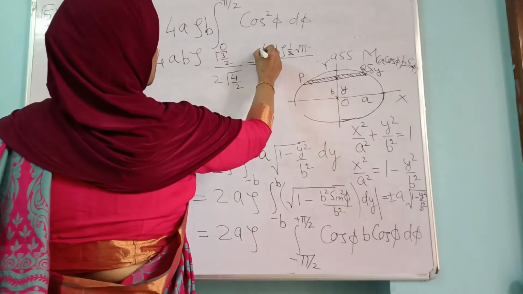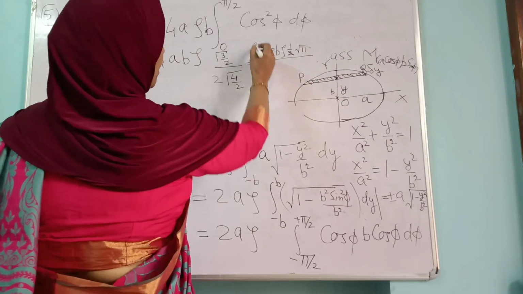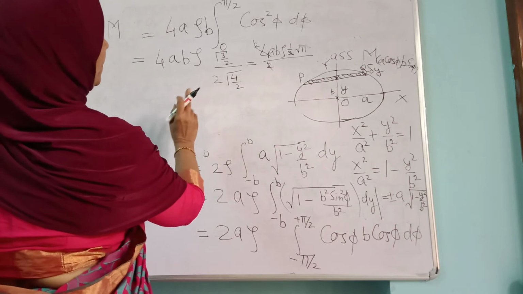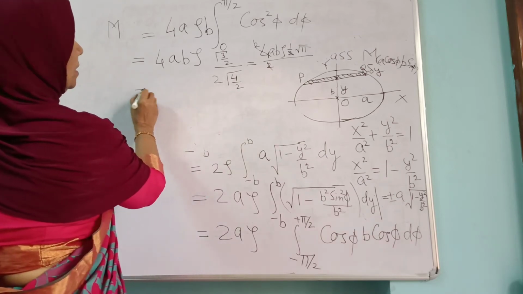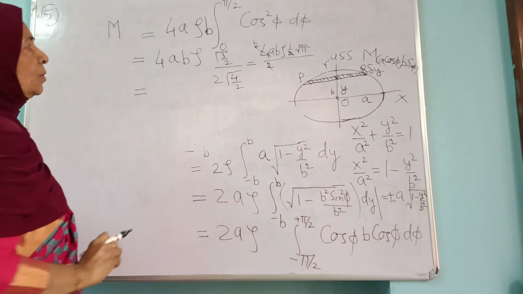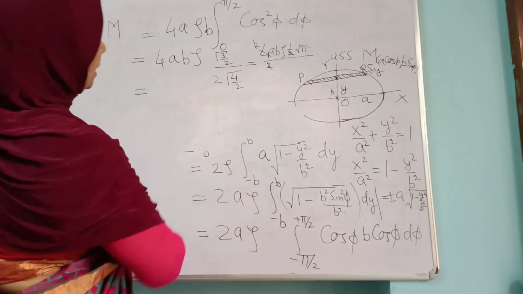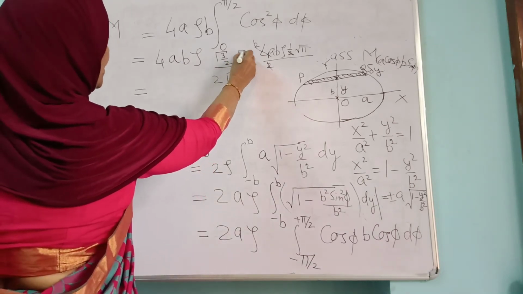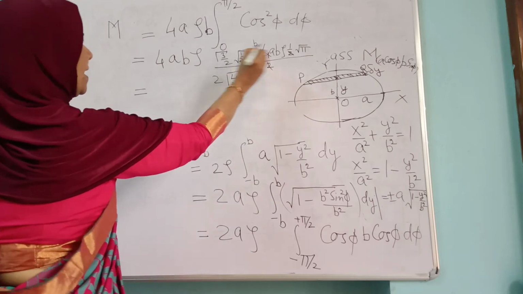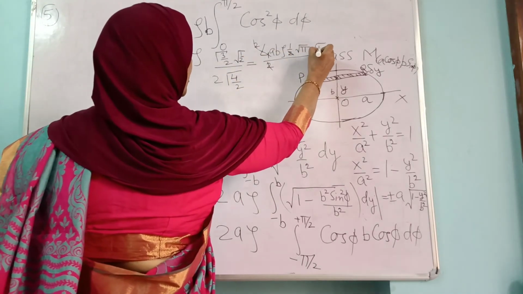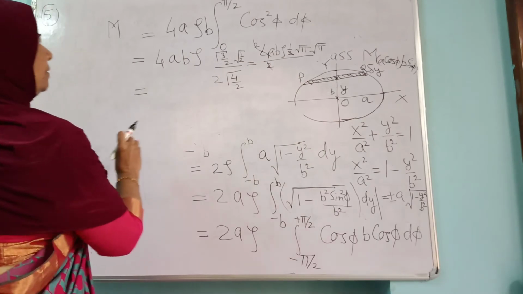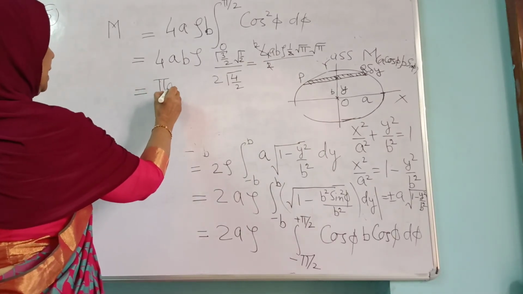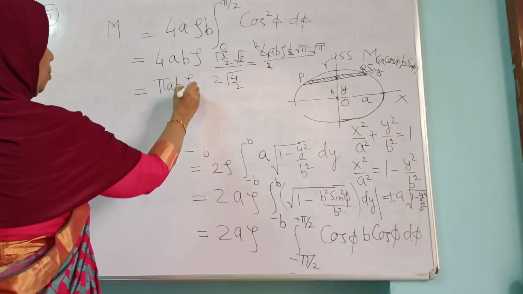So this is 2 2s are 4, and again this 2 cancels with this. So it will be one more root pi. So it will be pi a b rho.